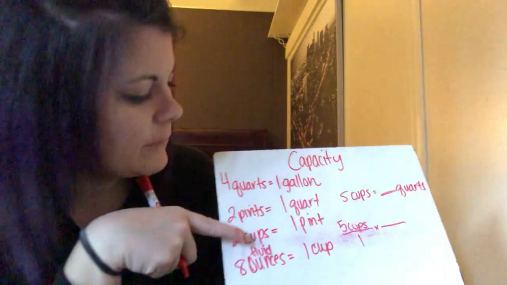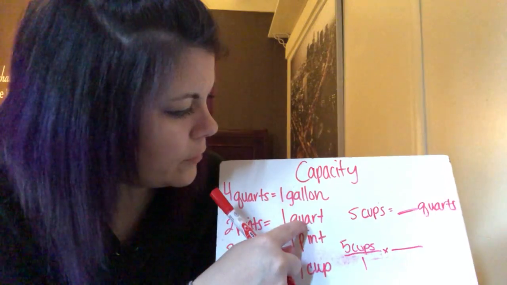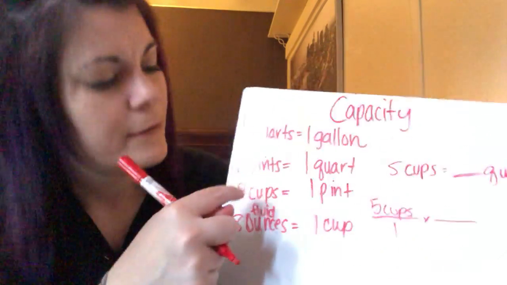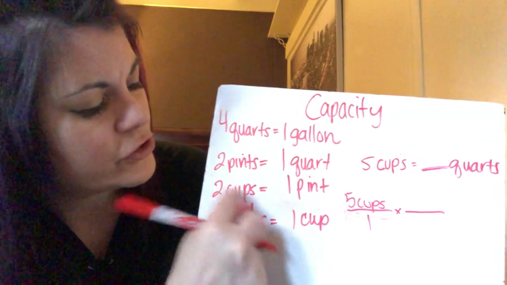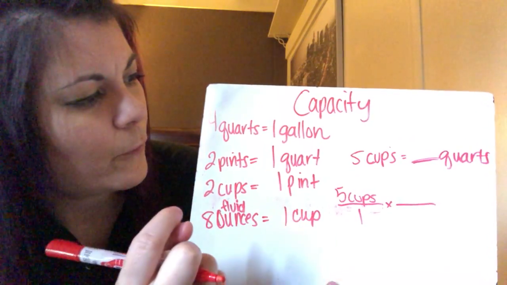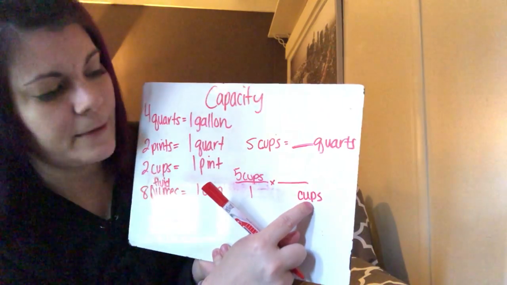And then I look at my conversions. I'm going cups to pints, pints to quarts. Oh, that will get me there. So first conversion we're going to use is 2 cups to 1 pint, because cups is on top here, so cups has to go on bottom here.